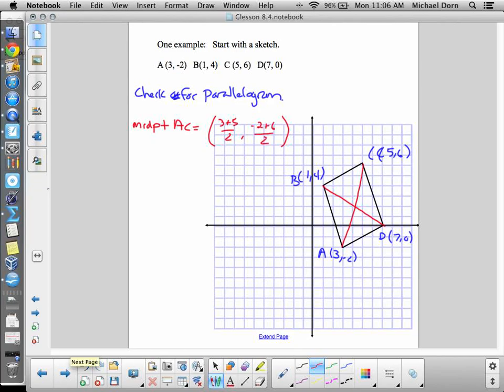We add and divide by 2 for the midpoints. 3 plus 5 is 8 over 2 is 4. -2 plus 6 is 4 over 2 is 2. Midpoint of BD, 1 plus 7 over 2, 4 plus 0 over 2, or 4, 2. Aha, same midpoint. So diagonals bisect, so it's a parallelogram.